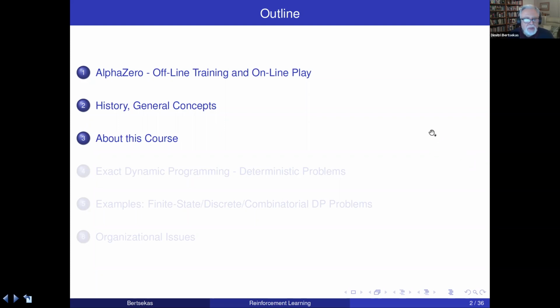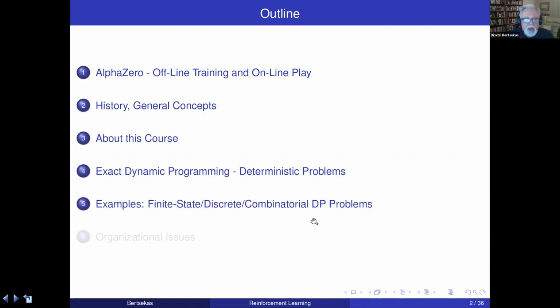I've been using this term, approximate dynamic programming, and also neurodynamic programming as synonyms for reinforcement learning. But reinforcement learning is the more popular name, so I'm using reinforcement learning in my title and presentations. We're going to talk, however, about exact dynamic programming, and deterministic problems in particular, and how they relate to approximate dynamic programming and reinforcement learning.